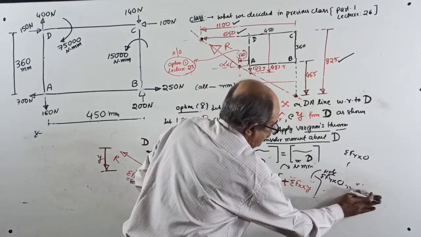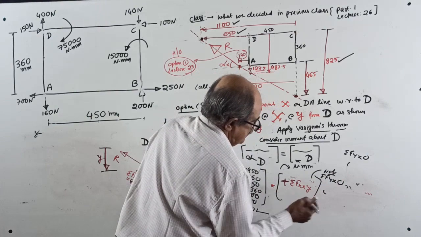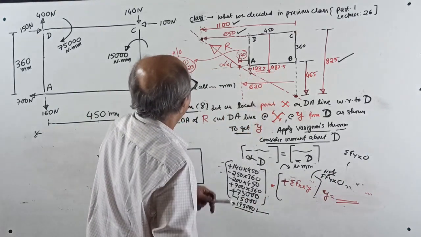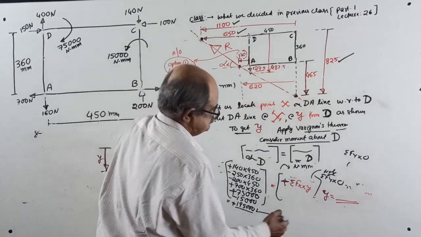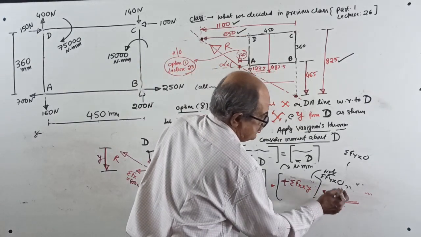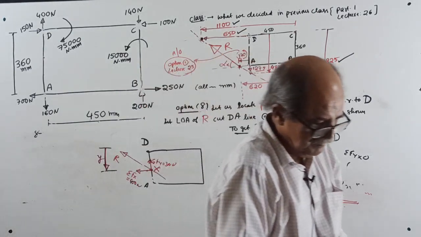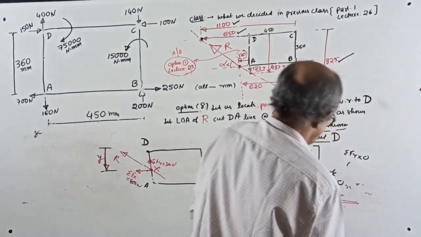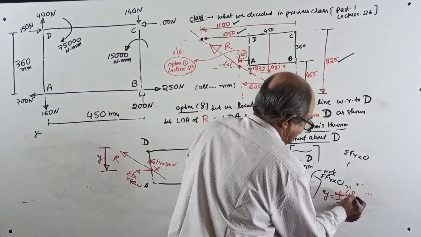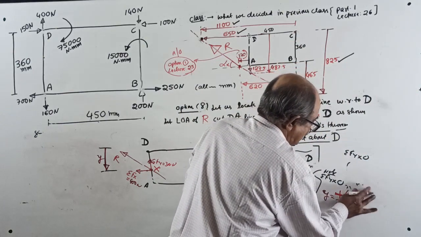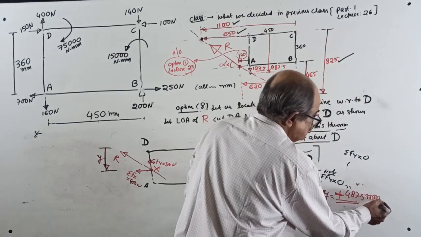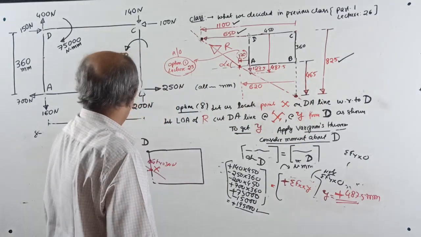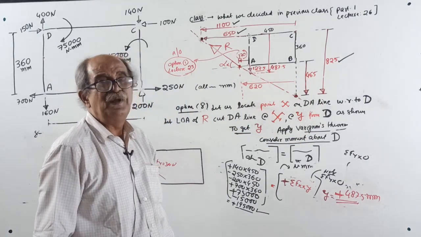You get the value of Y. Plus, I will calculate if you want. Plus 487.5 millimeter. See, one fine day, you also should have this confidence. If you apply the tricks, you can surprise so many people.